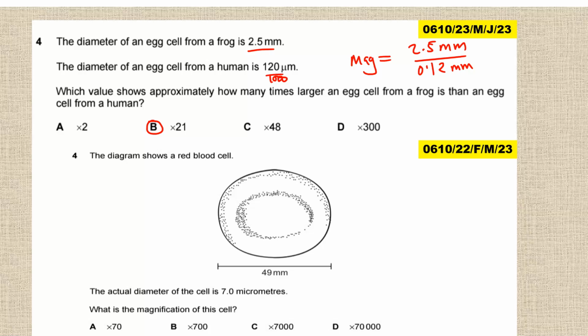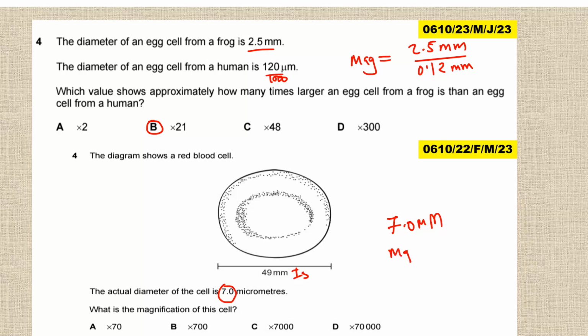Let us look at this question that is coming from paper 2, variant 2, February/March 2023. The actual diameter of the cell is 7.0 micrometer. What is the magnification of this cell? So this is the image size.